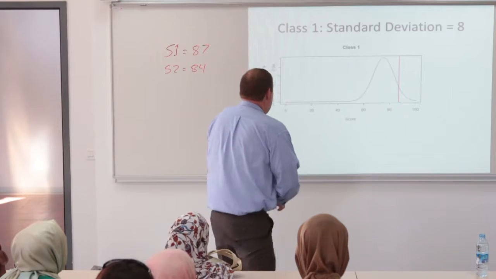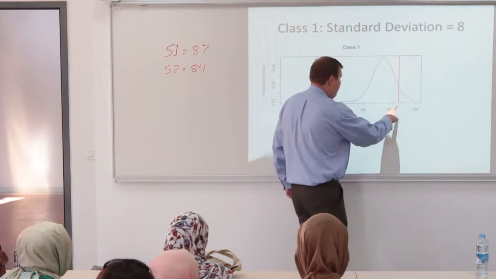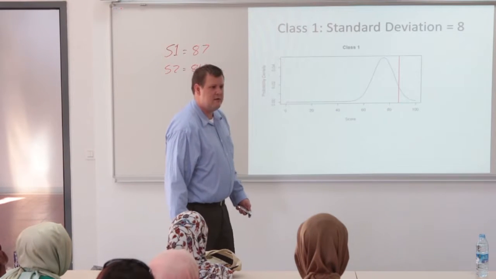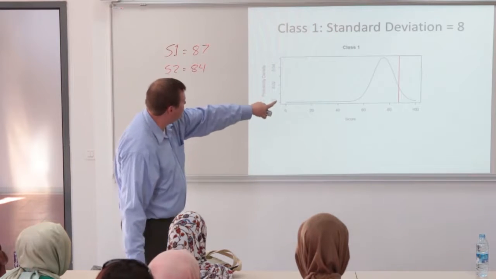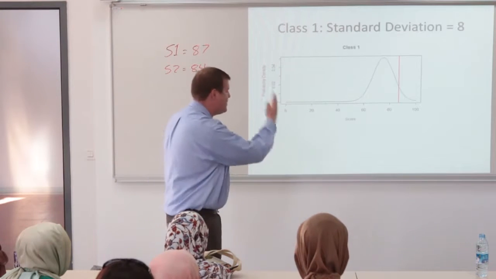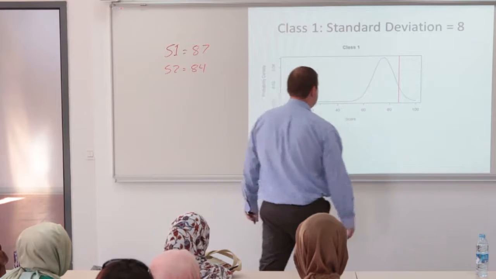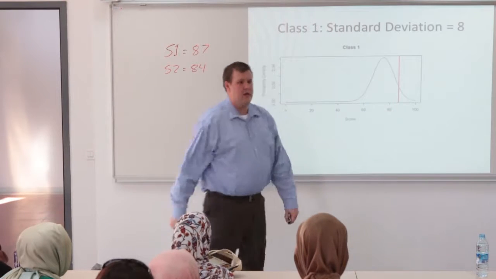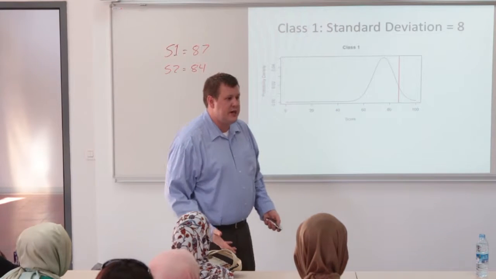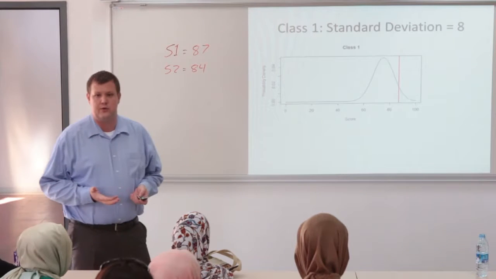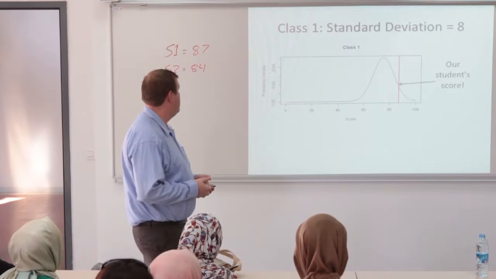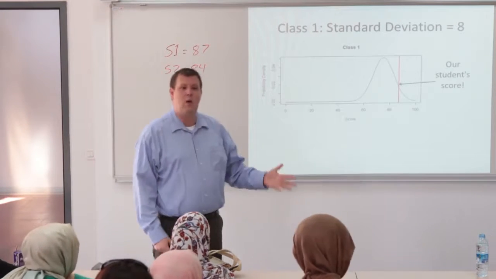We said our student had a score of 87, so that's marking a score of 87. So our student is there. Now, the question is, how well did this student do?